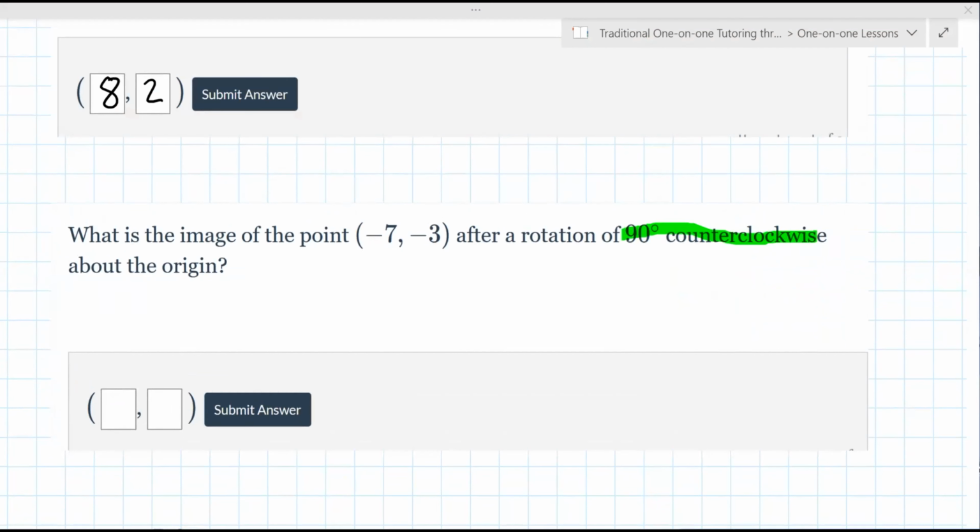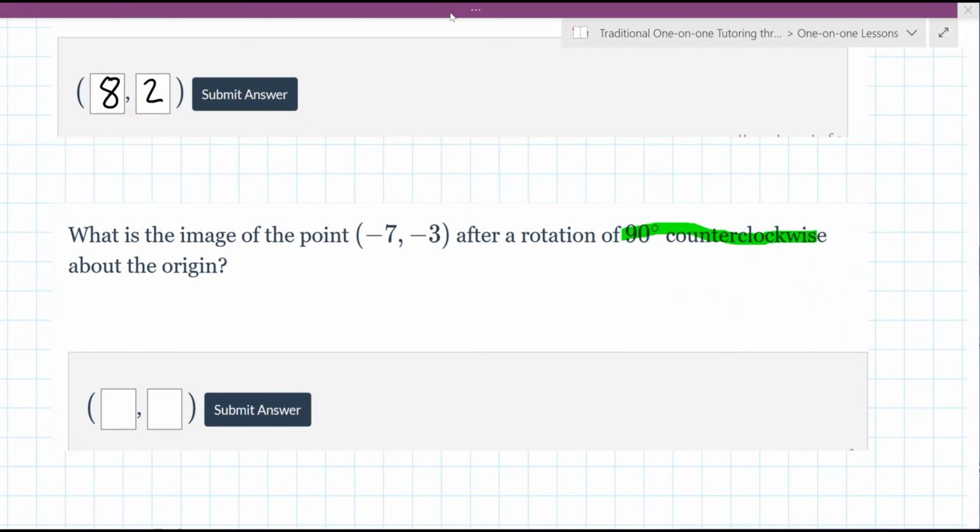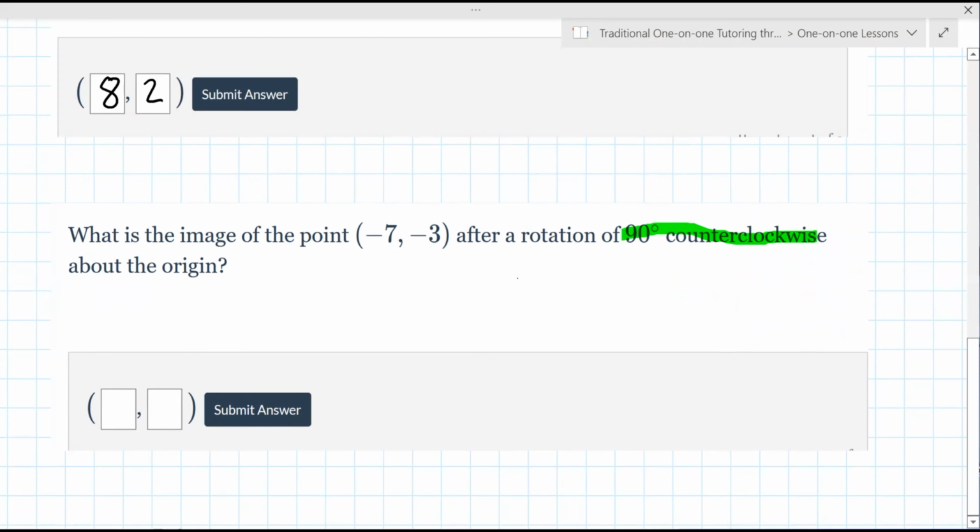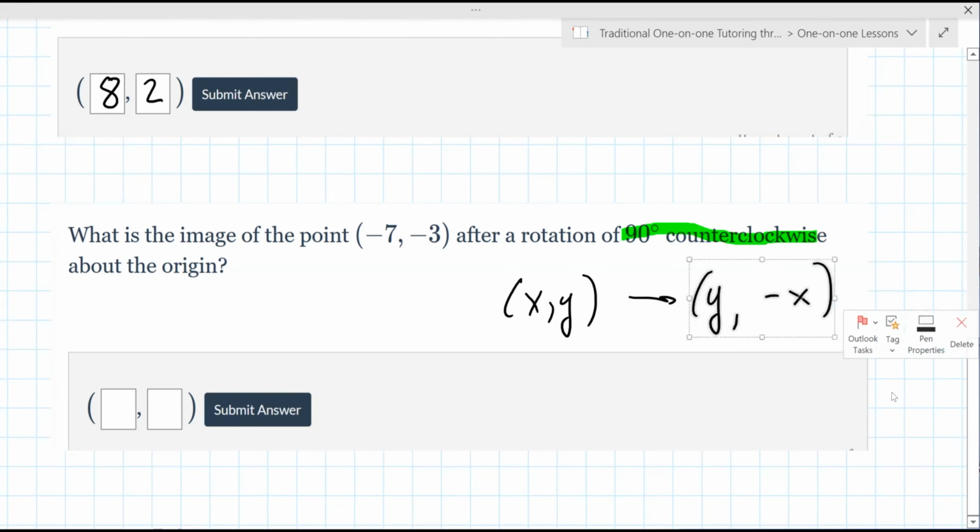That reference sheet I sent you though has 90 degrees clockwise, on the bottom there of the page, you'll see it as x comma y goes to y comma minus x. Sorry, that's completely wrong. I'm sorry, I'm looking at the wrong place on that page.